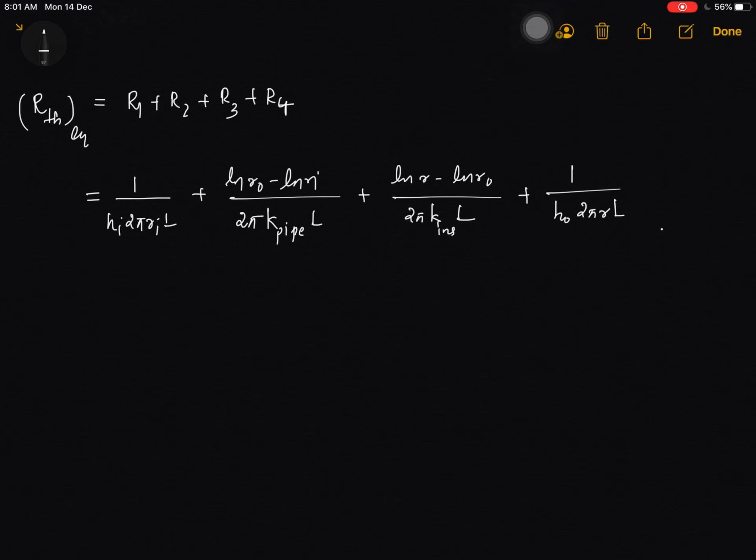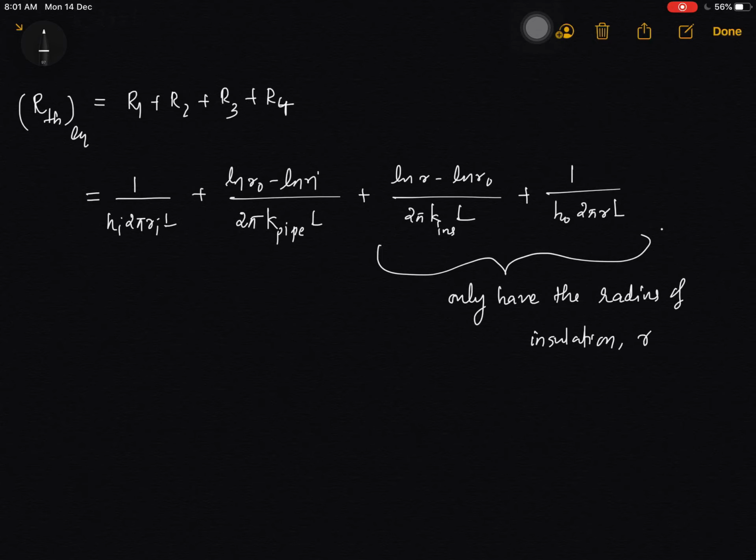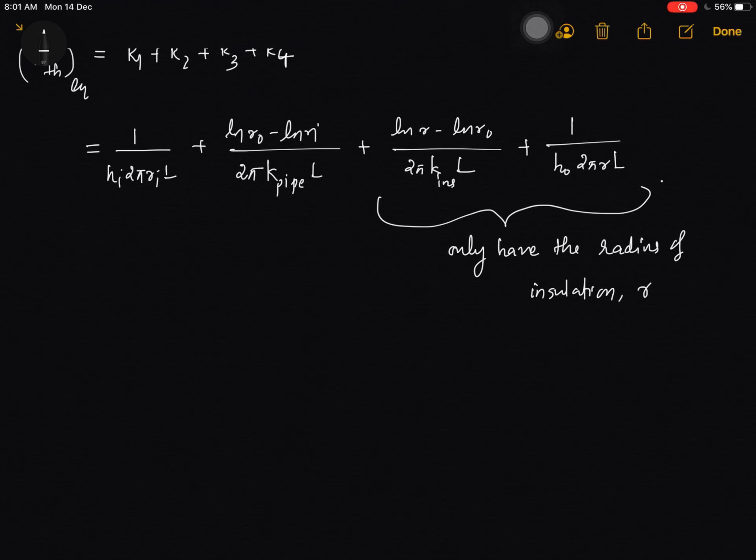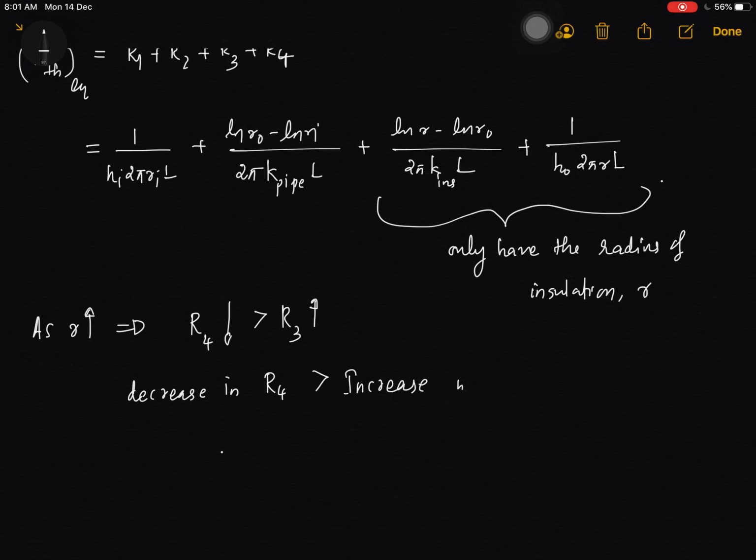In this equation, we can find that the last two terms only have the radius of insulation, that is R. So as we increase the radius of insulation R, what happens is that the decrease in R4 is greater than the increase in R3.